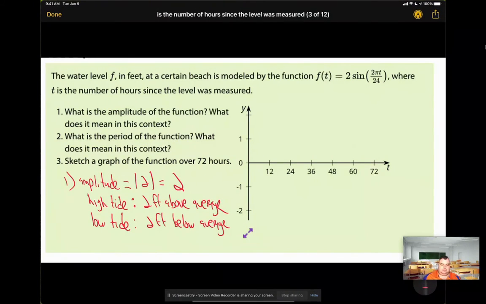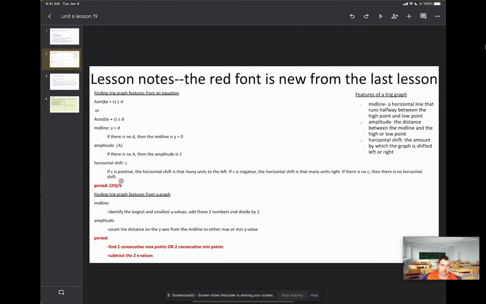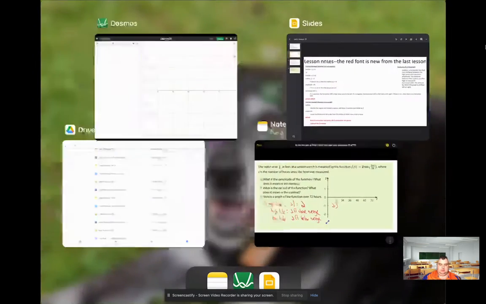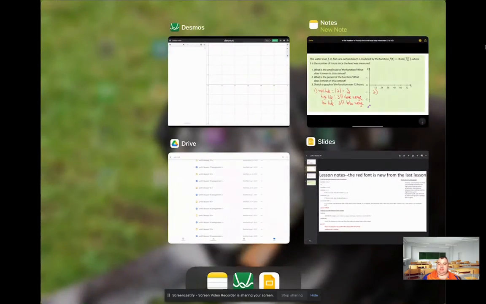Okay. Number 2, what is the period of the function? What does it mean in this context? So period, remember, is 2 pi over b, okay, sorry, I went too fast.